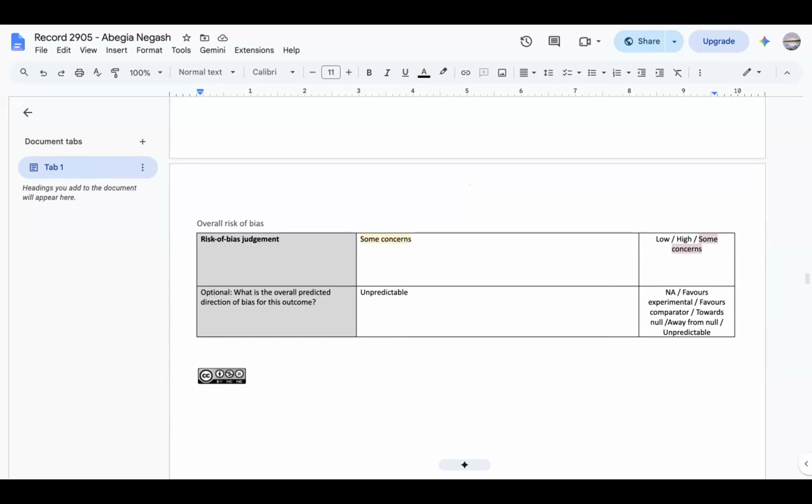I actually didn't do this outcome. It must have slipped my mind. But enough of you did it independently and then came together, which is enough to meet PRISMA requirements. Do we agree on that? Yes. Okay.